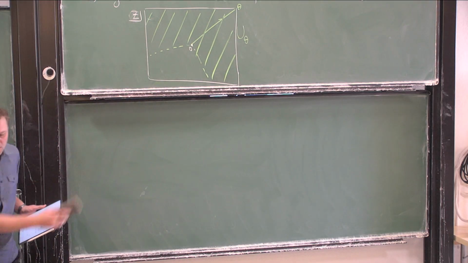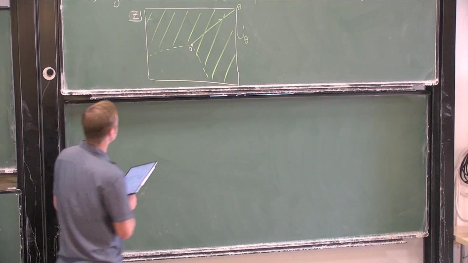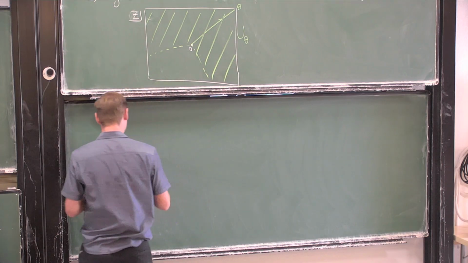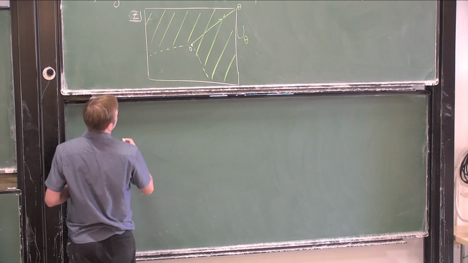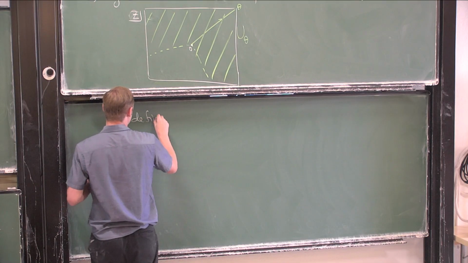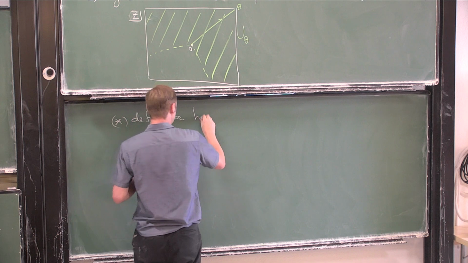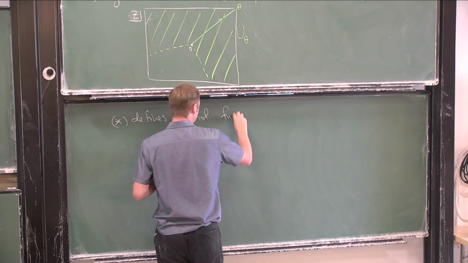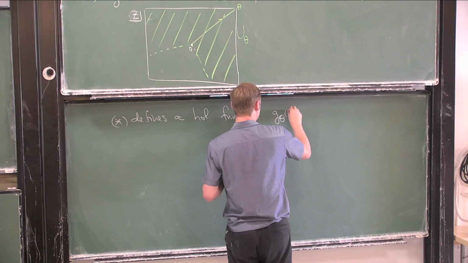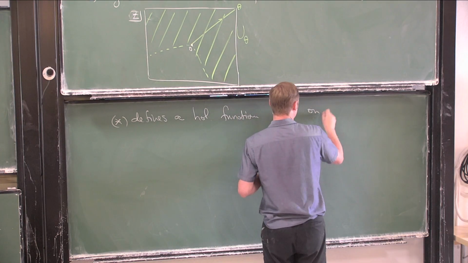Simply by taking the initial direction theta and rotating it through all the possible directions in that sector. So star defines a holomorphic function G theta of z on U theta.